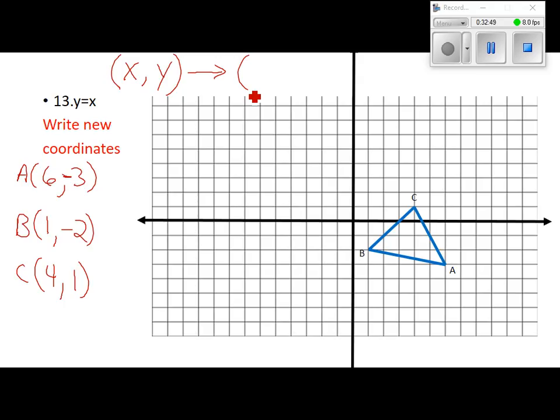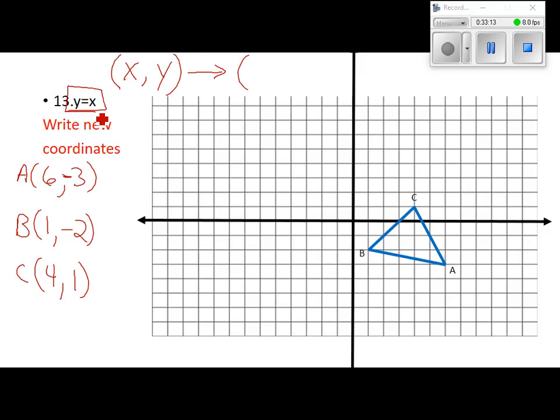We're reflecting over the line y equals x. There's the y axis, the x axis. It doesn't have anything to do with either one of the axes. It's y equals x.